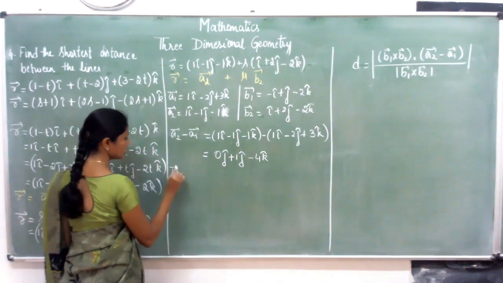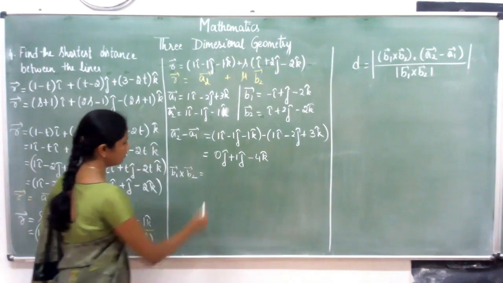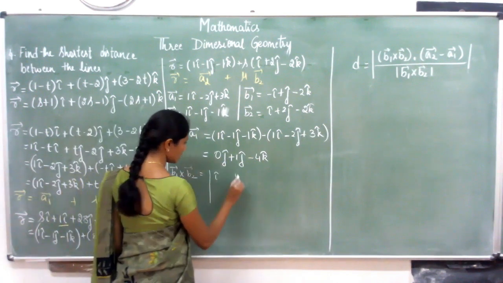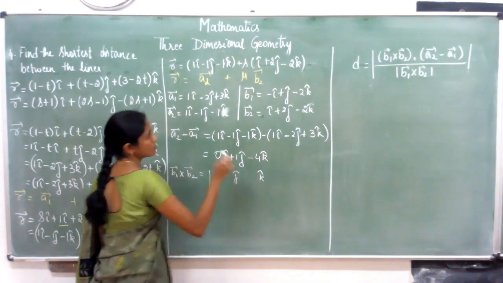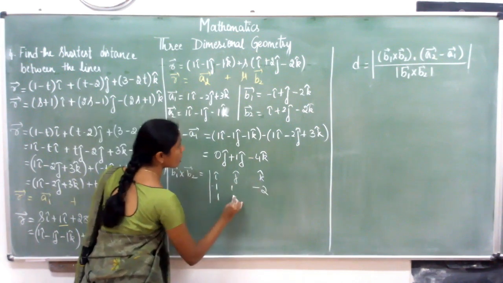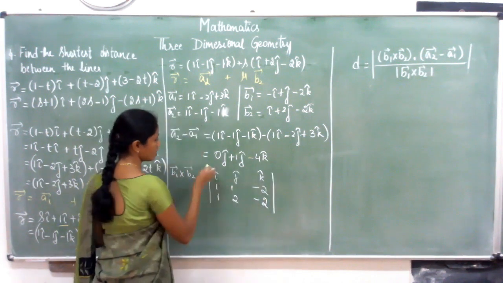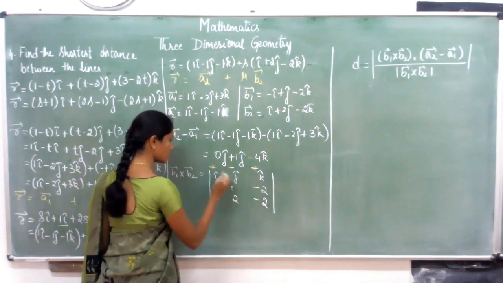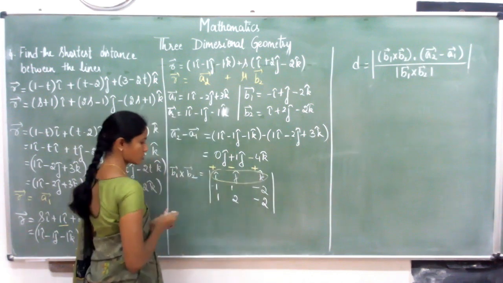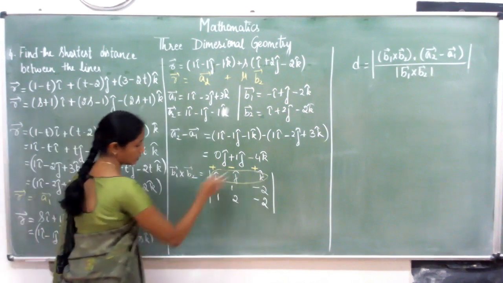Okay, next step, we need to find the cross product between the vectors b1 and b2. So i, j, k, then minus 1, 1, minus 2, then 1, 2, minus 2. Here the signs are plus, minus, plus, because we are expanding along the first row.